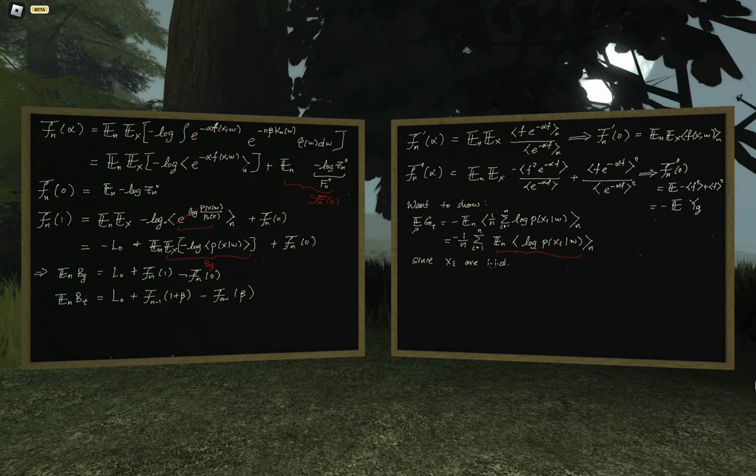let's look at each term in the summand. Well, after you take expectation over the entire data set, all those terms are the same. So that is actually equal to negative 1 over n times n times En of log of p of xi given w, for any i, right?